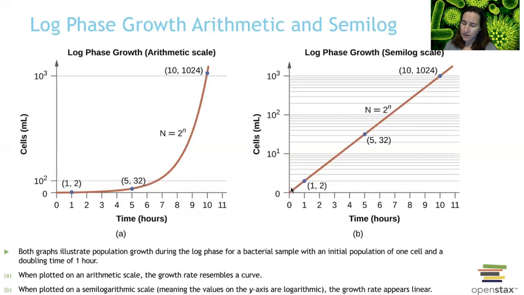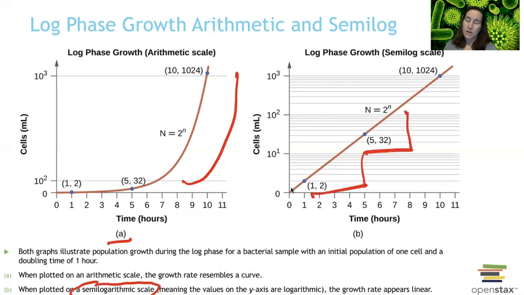We can see it on the arithmetic scale here in A, where it's got this J-shaped curve, or we can do it in the semi-logarithmic scale. There we go. And we can plot it, x-axis, y-axis, and it looks more linear that way. But this is exponential growth in the log phase of the growth curve.